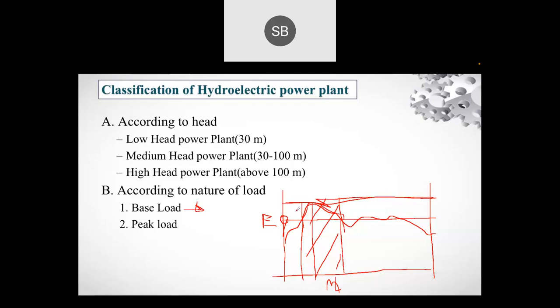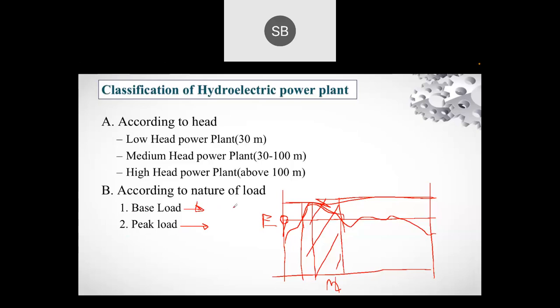So in that case, the overall efficiency, or we can say the maintenance cost of that power plant, is much higher. So whenever the extra load is required, only for that period we switch on the peak load power plant, and we provide the extra energy.